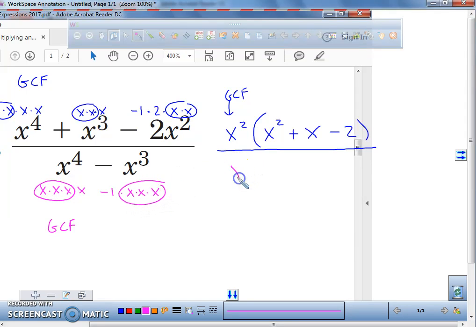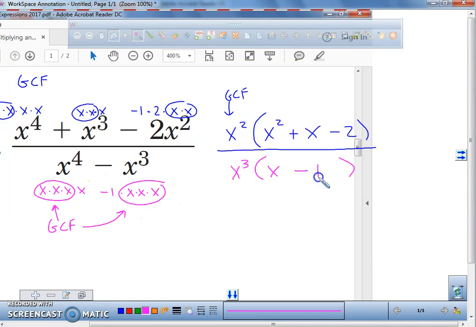So I can actually factor out an x cubed out of the denominator. Now if I factor out an x cubed right there, because that's the greatest common factor to both of them, what do I have left with this guy? An x. What do I have left with this guy?